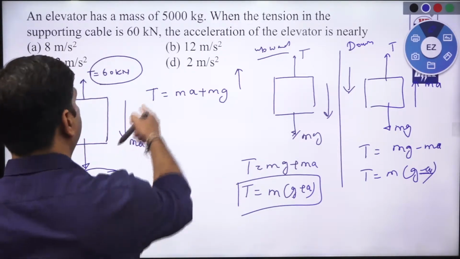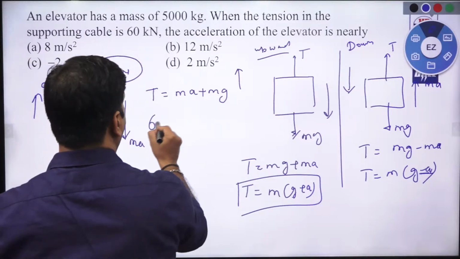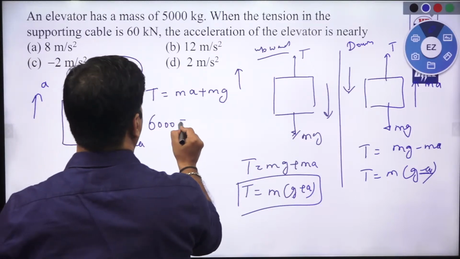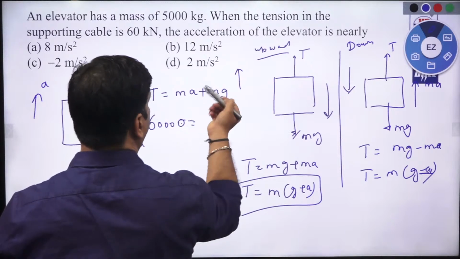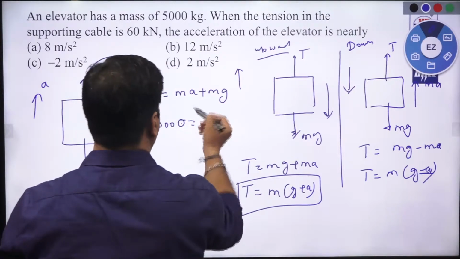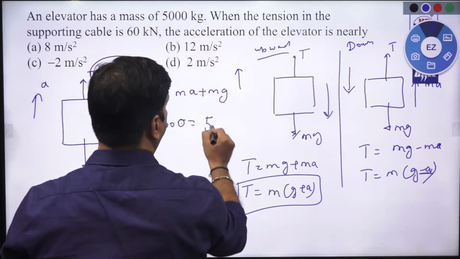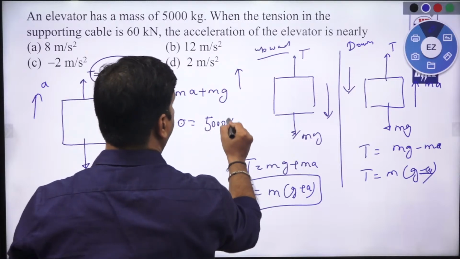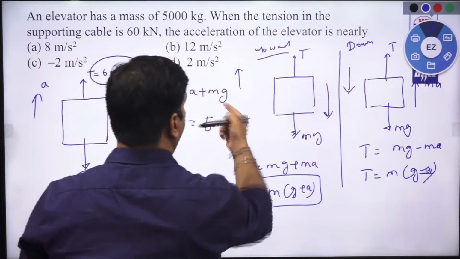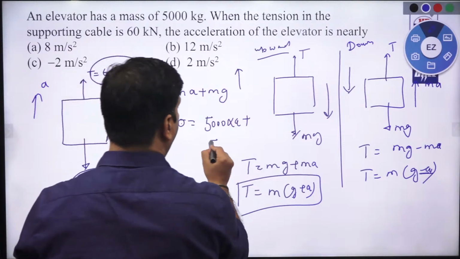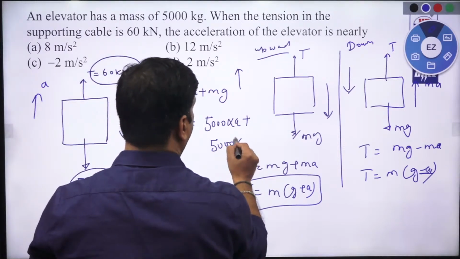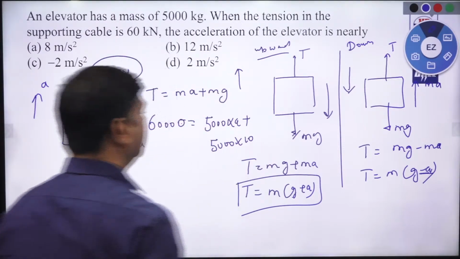The tension in the cable is 60 kilonewton, that is 60,000. So 60,000 equals m, which is 5,000 kg, into acceleration, plus mg, which is 5,000 multiplied by 10. The value of g is taken as 10.